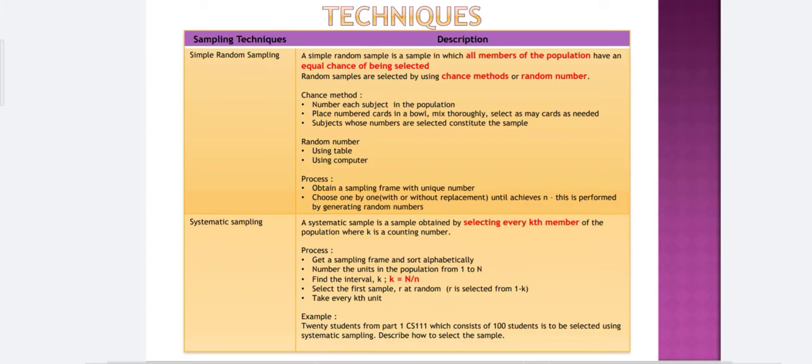And if they are not available, the researcher can randomly choose K according to the previous study. Okay, in any case there must be a literature review. And systematic sampling is also less expensive and simple to design. It is actually the same as SRS earlier, the only difference is that in systematic we have to calculate the interval. It is more systematic. Whereas simple random sampling has to use a random number table.